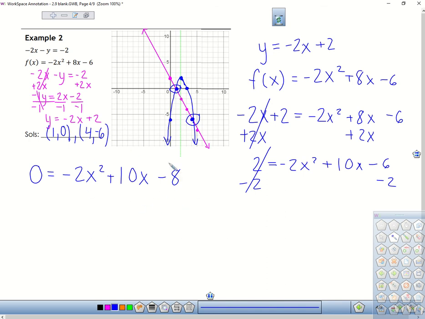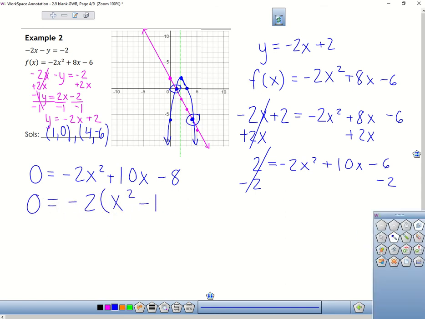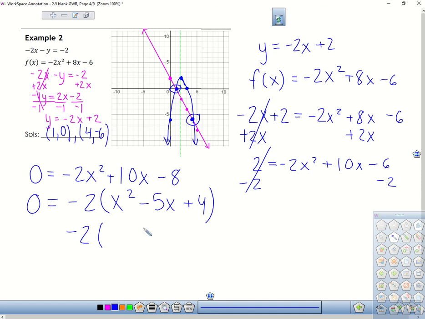So now I can probably factor this, but I need to factor out a GCF here, and what is that? Two, but we're going to factor out a negative 2, which changes the signs of everything. So everything becomes opposite sign when you factor out or divide by a negative 2. So now I'm looking for factors of 4 that add up to a negative 5.